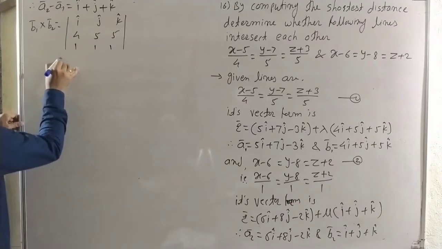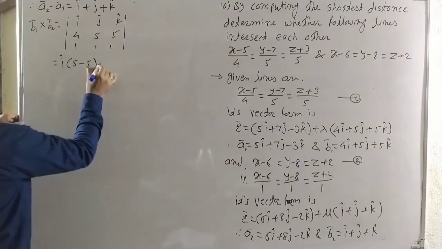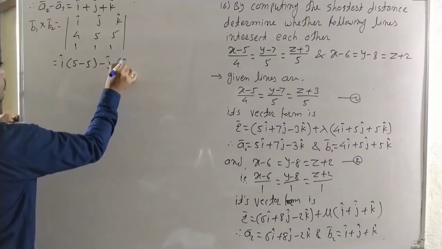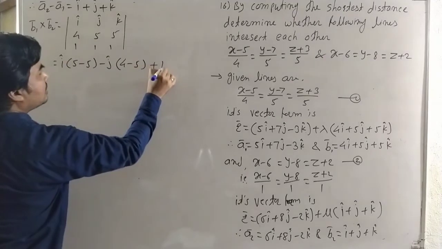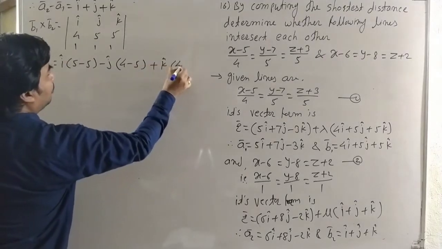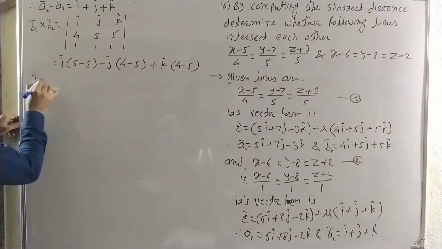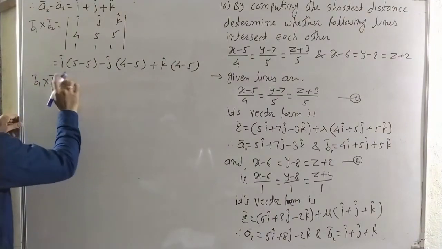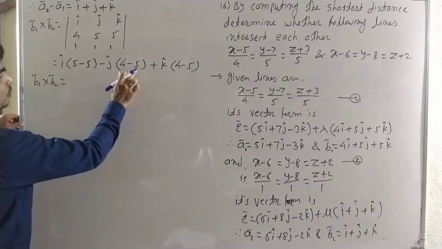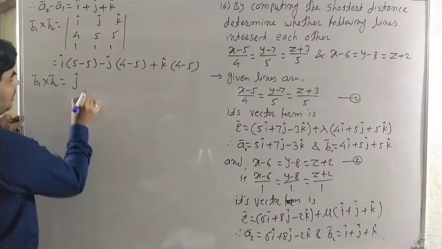Therefore it is i cap into (5 minus 5), minus j cap into (4 minus 5), plus k cap into (4 minus 5). Therefore b1 bar cross b2 bar is equal to 0i cap, then it is minus 1, so plus j cap, and minus k cap.